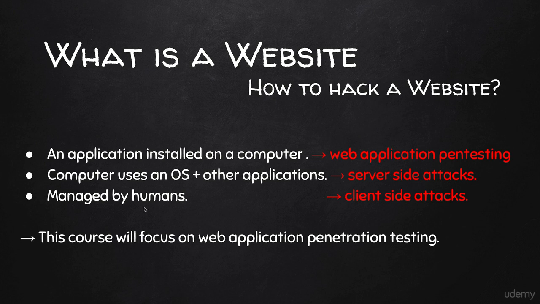And we're not going to be talking about client-side attacks, about attacking humans and hacking their accounts and then gaining access to the website. Those last two are actually covered in my general ethical hacking course, called Learn Ethical Hacking from Scratch, which covers those two aspects. Therefore, in this course, we're going to be focusing on the web application penetration testing side, so on hacking websites based on the web applications installed on that website.